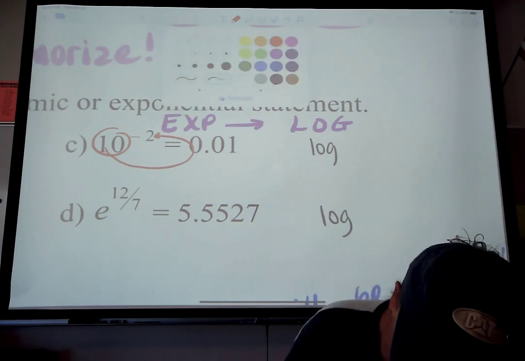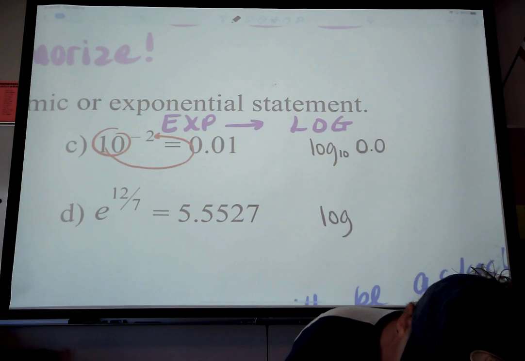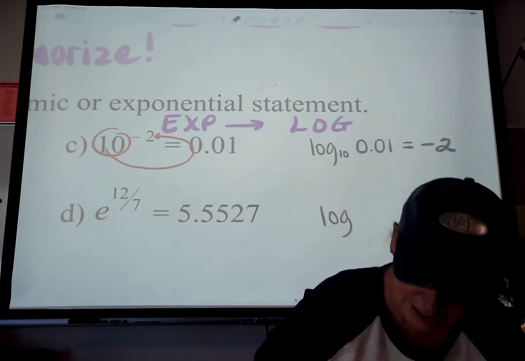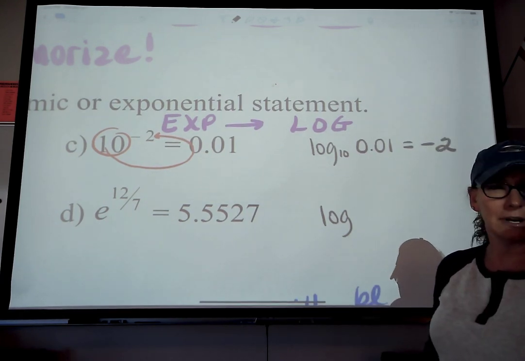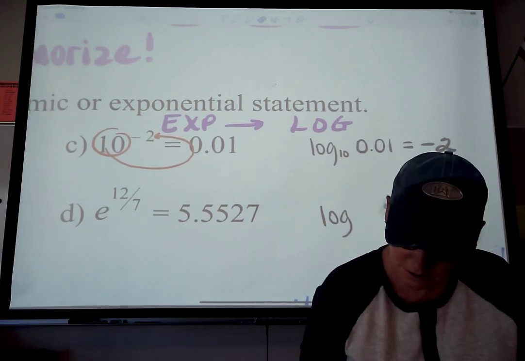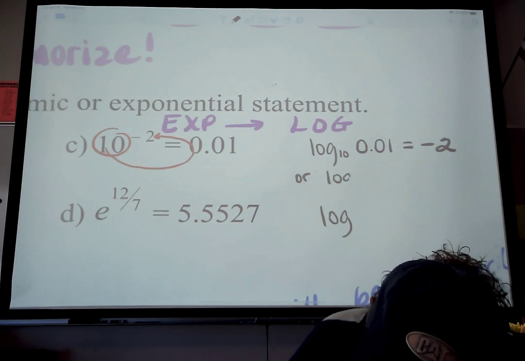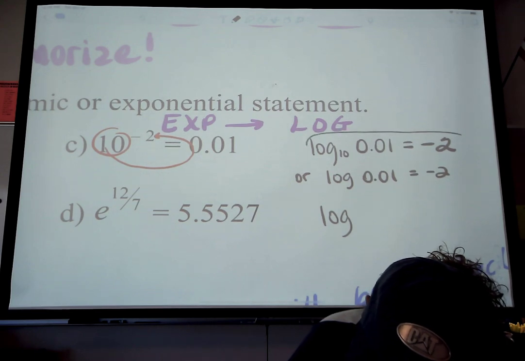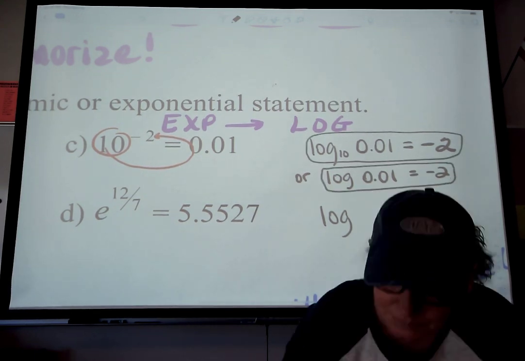So I go log base 10 of 0.01 equals, and I end with my final answer of -2. Oh, now wait a minute. If that's log base 10, I really don't even need to write the 10. How about this? So this is a good answer. Either way.